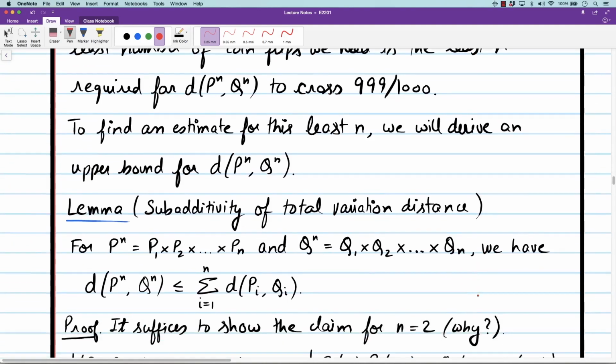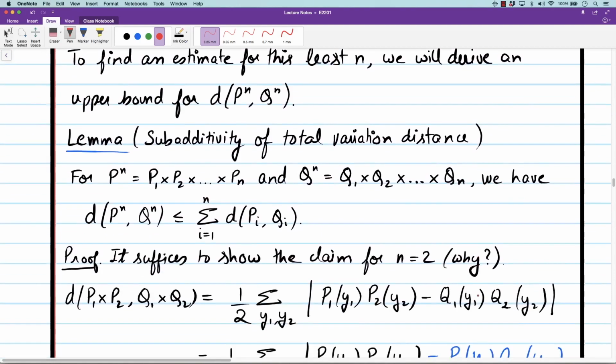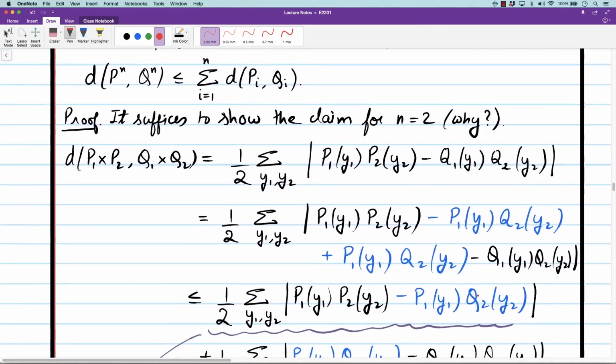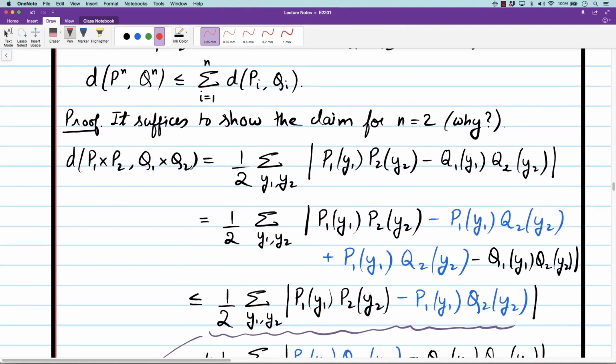Actually, the proof is not so difficult. The proof is roughly the triangular inequality, and it suffices to show this for n equal to 2. Why does it suffice to show it for n equal to 2? You can take a pause and think about it. Now that you've thought about it, I'll quickly explain.